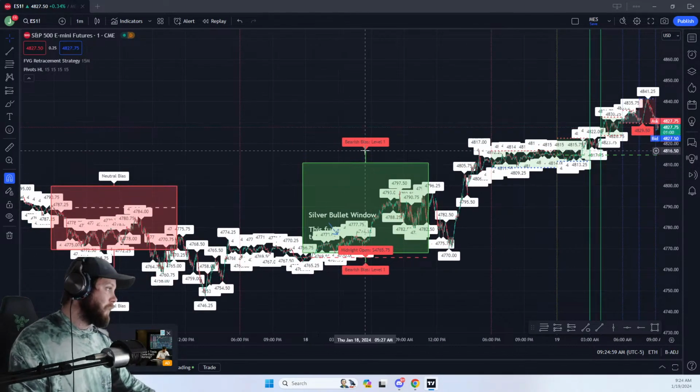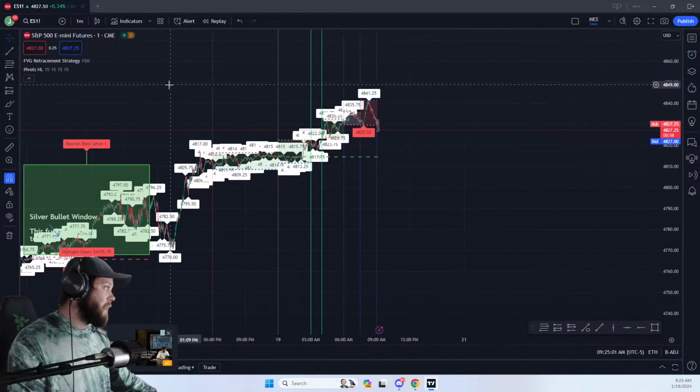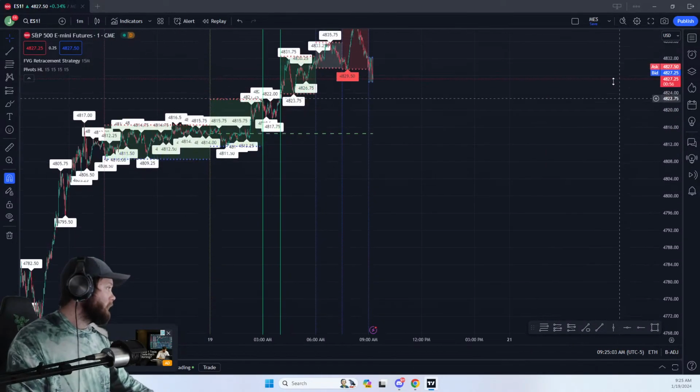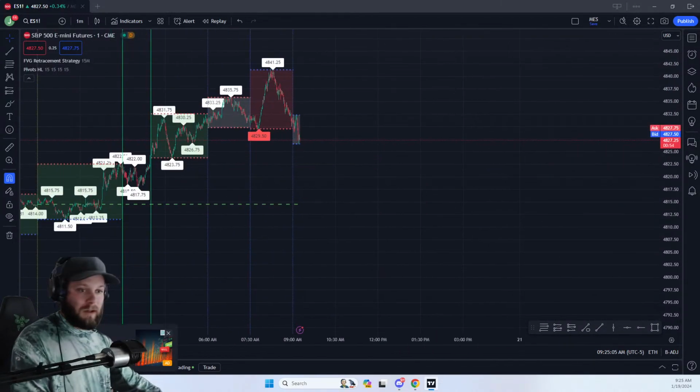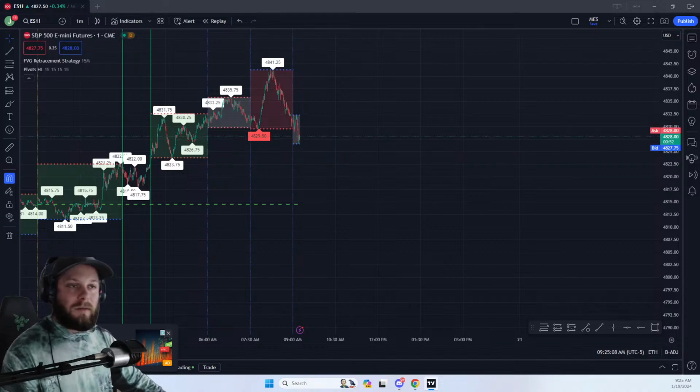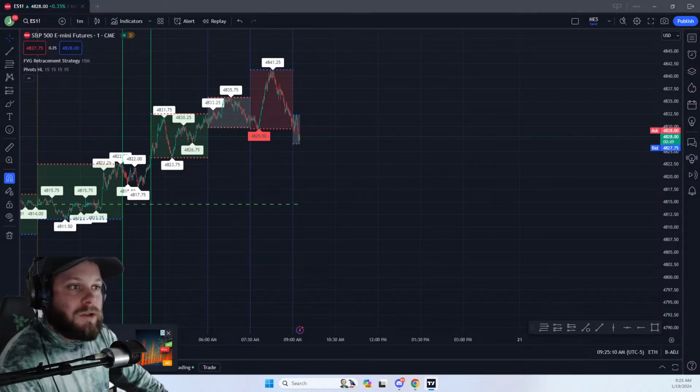So it came up, closed above, there's that. Why is it still reading for bearish? We have bullish, bullish, bullish, bullish, bullish, bearish.